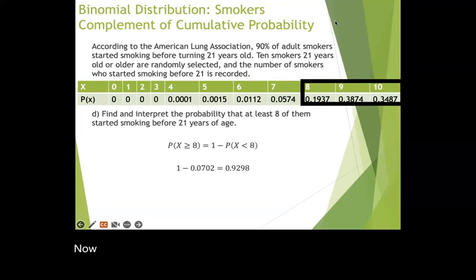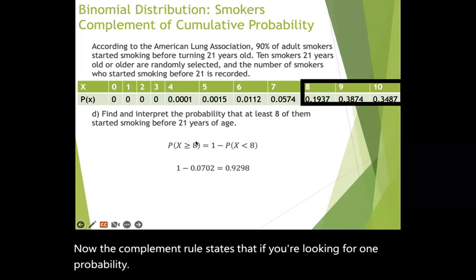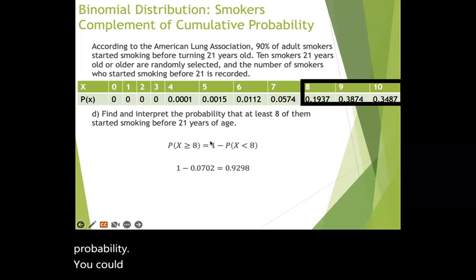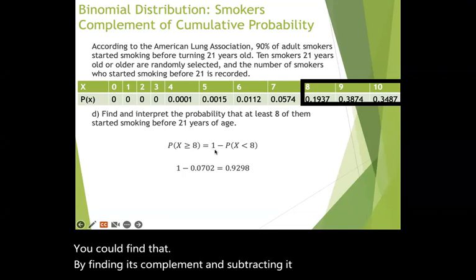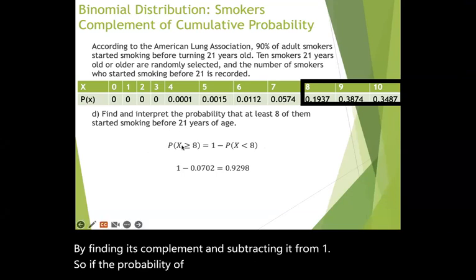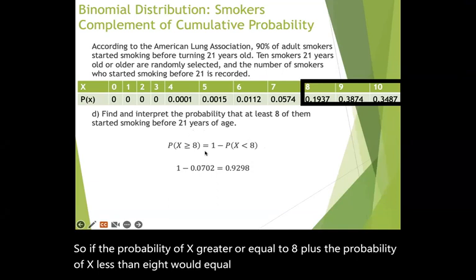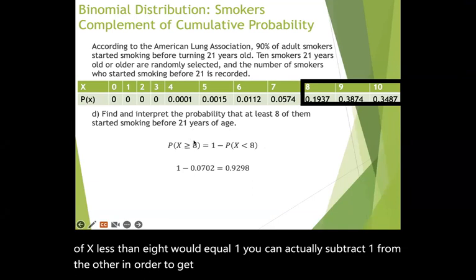Now the complement rule states that if you're looking for one probability, you could find that by finding its complement and subtracting it from 1. So if the probability of x greater than or equal to 8 plus the probability of x less than 8 would equal 1, you can actually subtract one from the other in order to get the value that you're looking for.